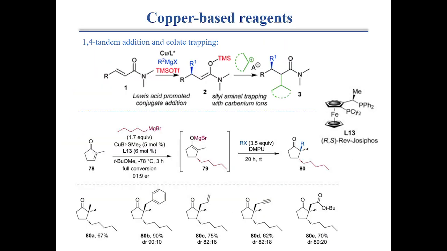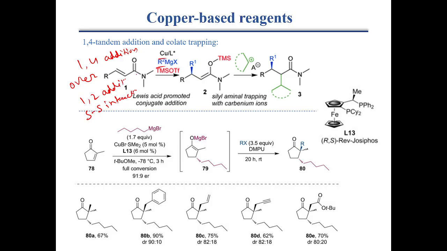Now I'm going to discuss 1,4 tandem addition and enolate trapping by copper reagent. In the presence of copper and magnesium and any kind of R, 1,4 addition happens over 1,2 addition. This is due to soft-soft interaction.